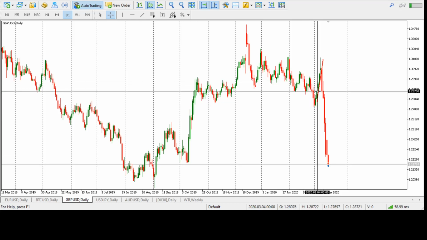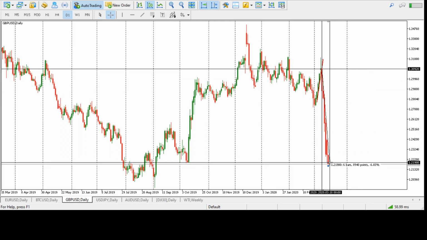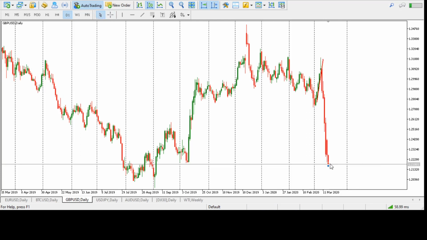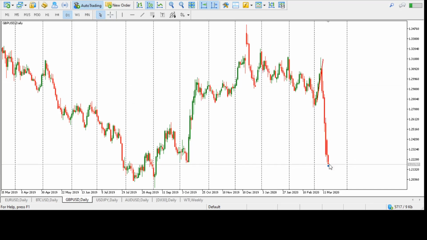In particular, this is the British pound versus United States dollar, and it only happened this last week when, as I said, this virus and this panic took over the entire financial system. So how can we catch this huge movement?